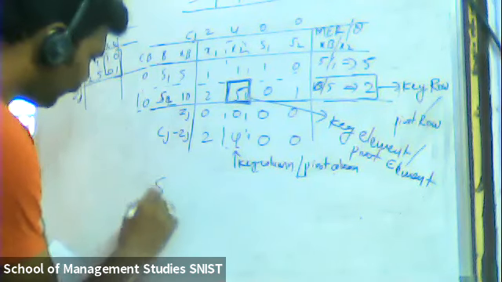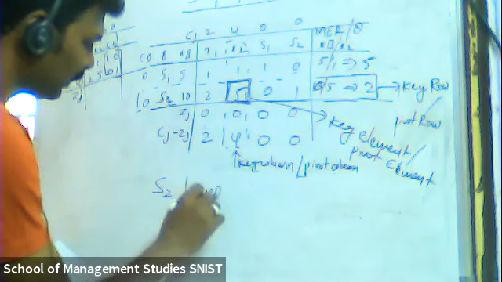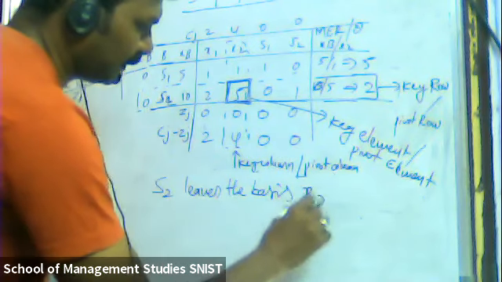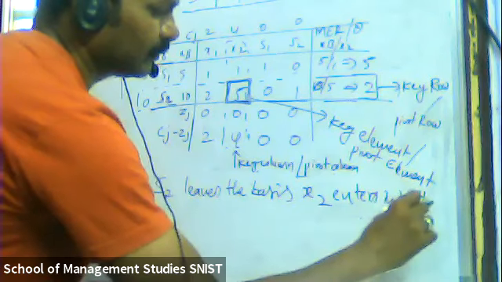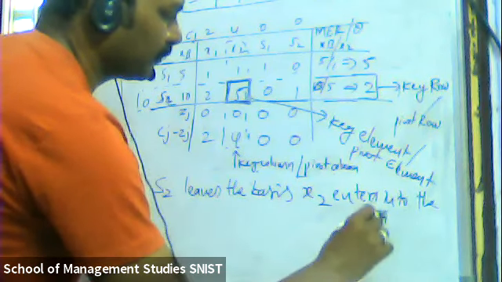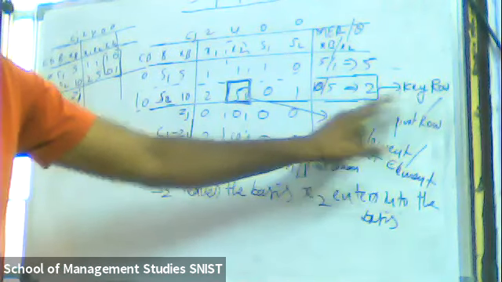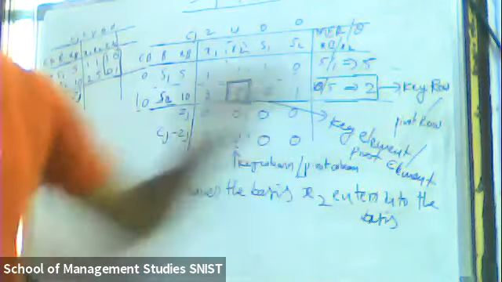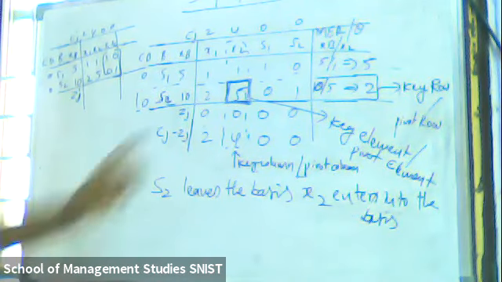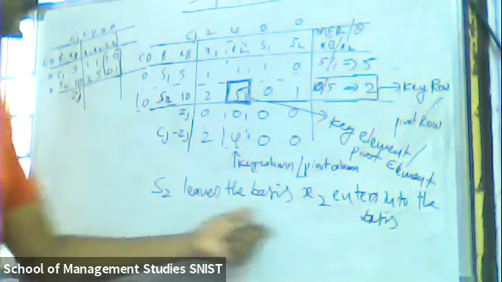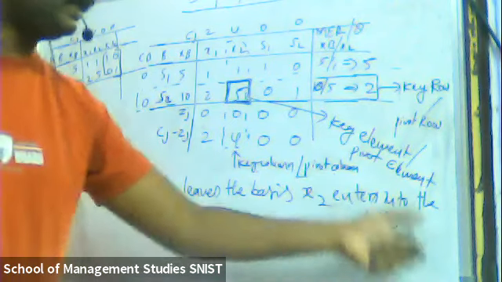Okay, so we'll write one statement: S2 leaves the basis and X2 enters into the basis. So what I'm saying, if it is the key row, it has to leave from this initial simplex table, and which one has to enter? X2 has to enter in the place of S2. So I'm writing here: S2 leaves the basis and X2 enters into the basis.